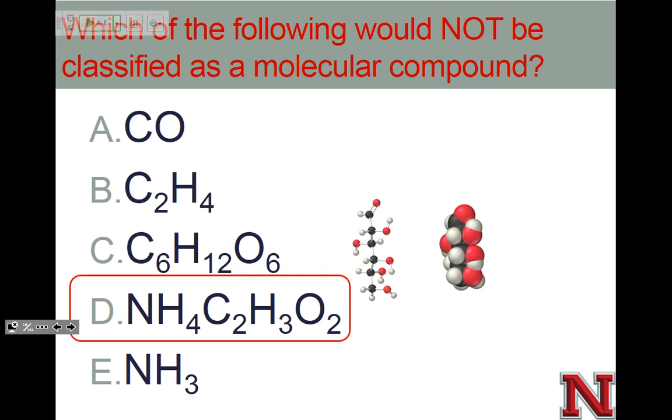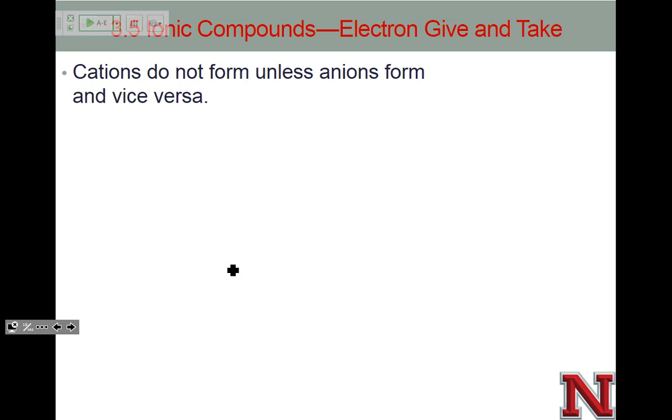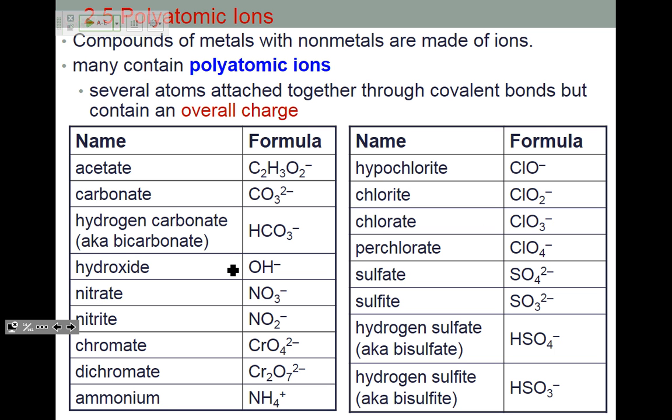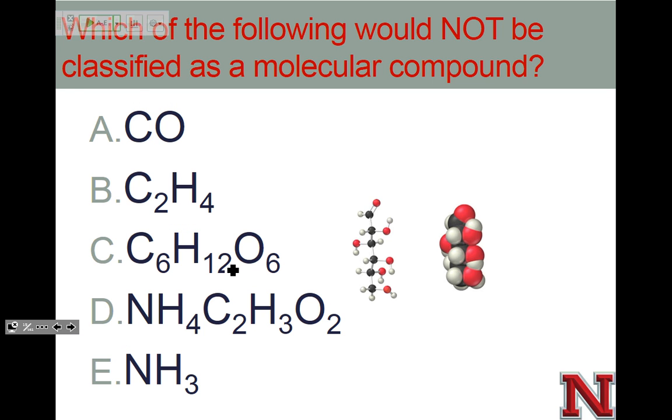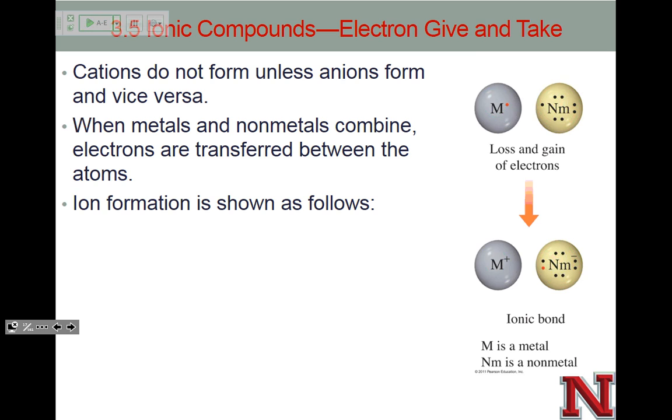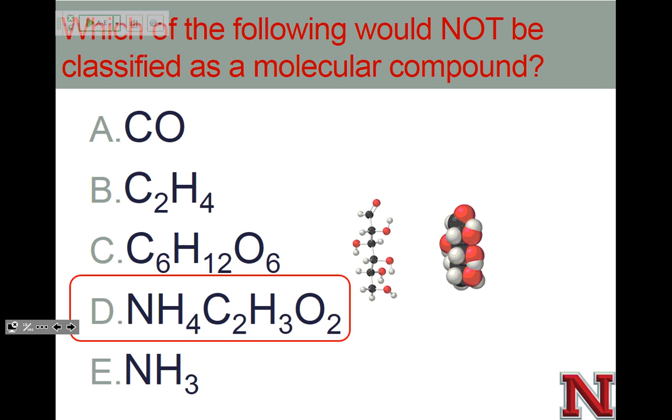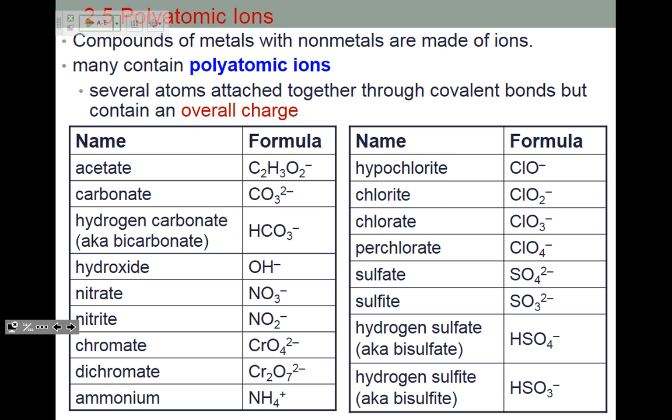So looking at this one, there is actually a covalent bond between our NH4+ here and our C2H3O2 minus, which is here, our acetate ion, which is just the ion of acetic acid, and acetic acid is vinegar.